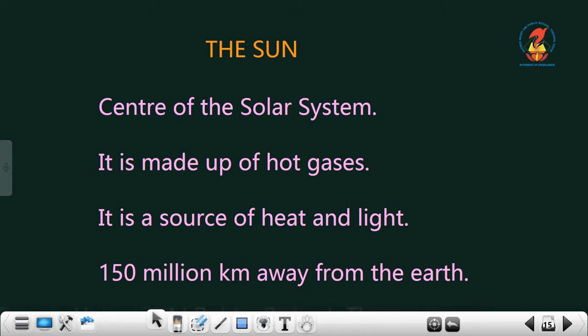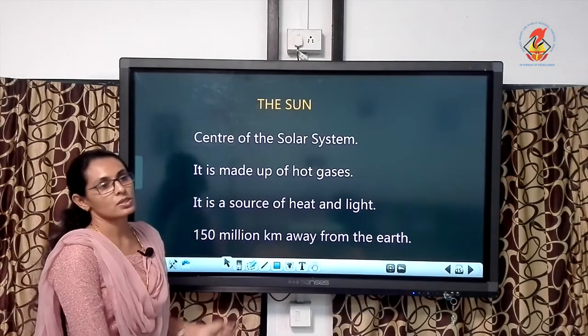And it is 150 million kilometer away from the earth. Understood? So this is the importance of sun.